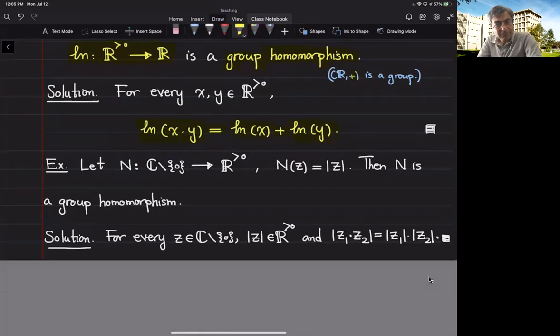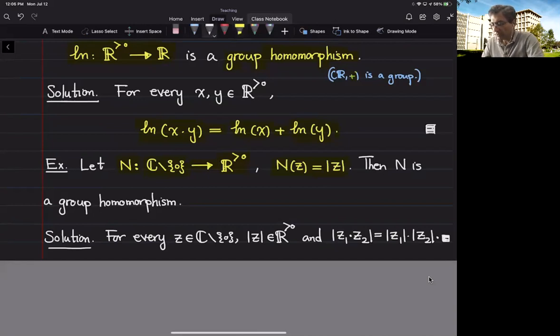Now let's think about non-zero complex numbers. Non-zero complex numbers is a group under multiplication. The set of positive real numbers is a group under multiplication, as we just discussed. Now let n be the norm of every complex number, which means the absolute value of this complex number.